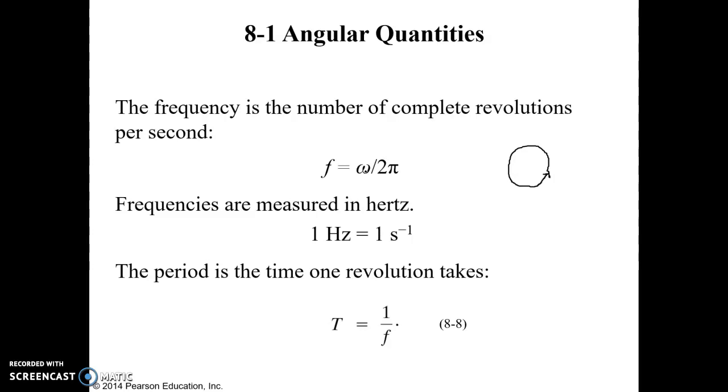If we take our angular velocity divided by 2 pi, which in radians is the distance of one full rotation, that will give us our frequency. We're taking our angular velocity in radians per second and dividing that by a full rotation to find out how many rotations or revolutions per second.